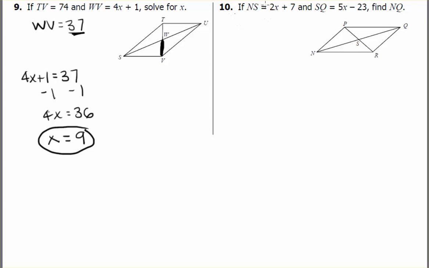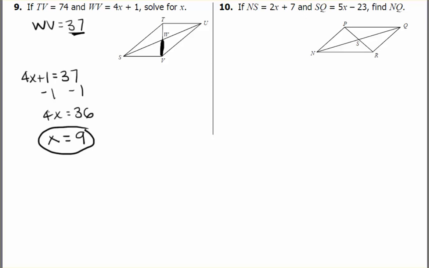So for 10 then, you're still using your diagonals, but you're using them a little bit differently. So in 9, you're using the fact that you get half of your diagonal since it's bisected.